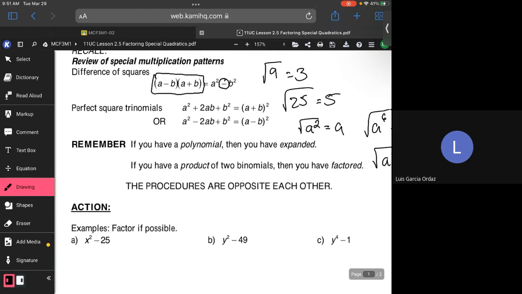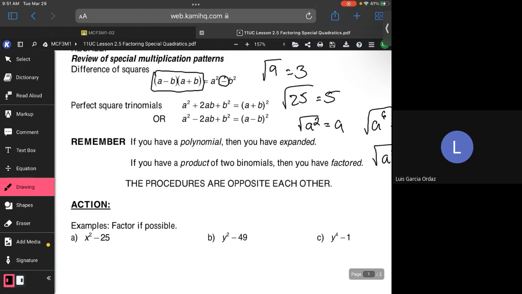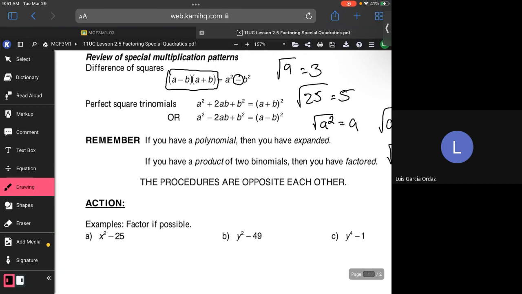And then we have something called a perfect square trinomial. When we take a trinomial, we do the sum and product, but we're going to notice something unique. So let's say I have x squared plus 4x plus 4.